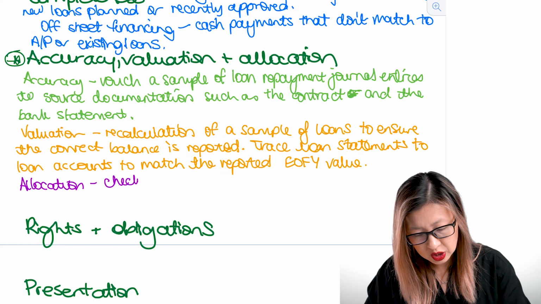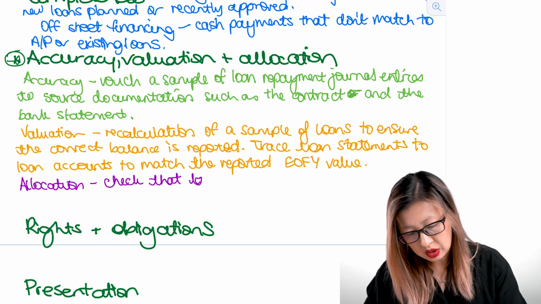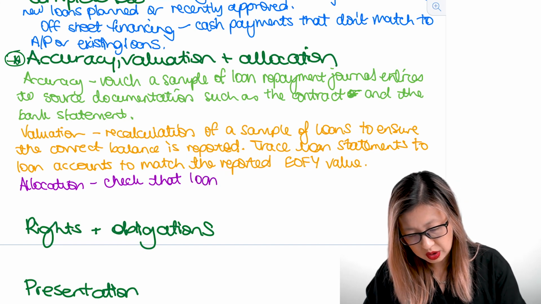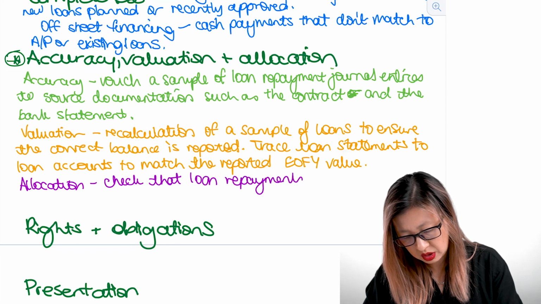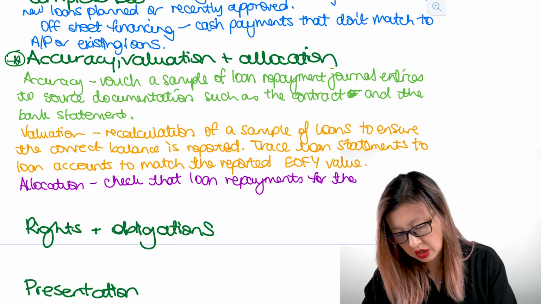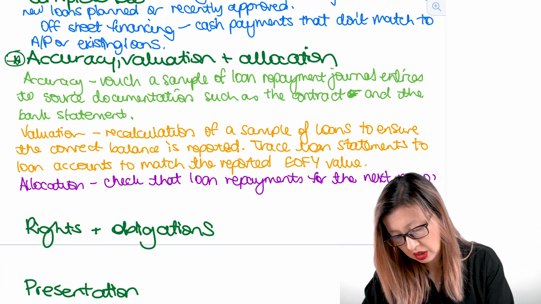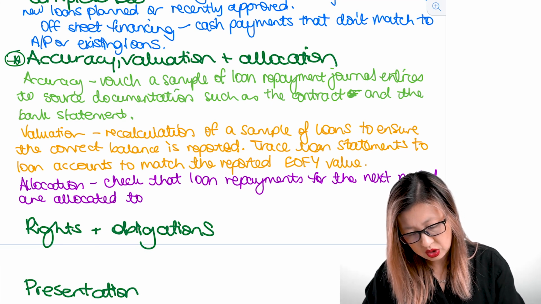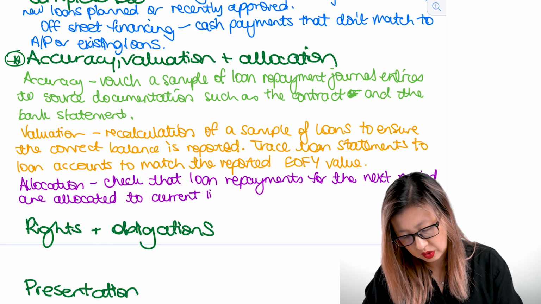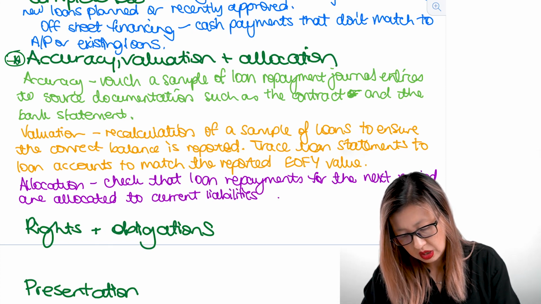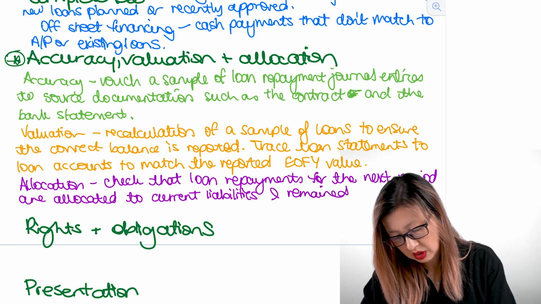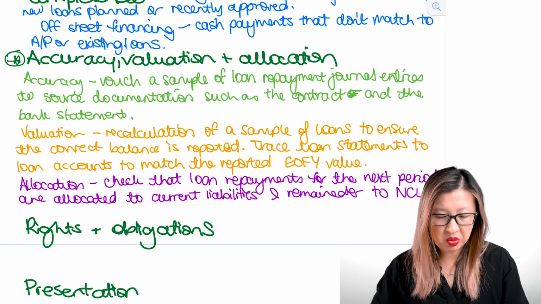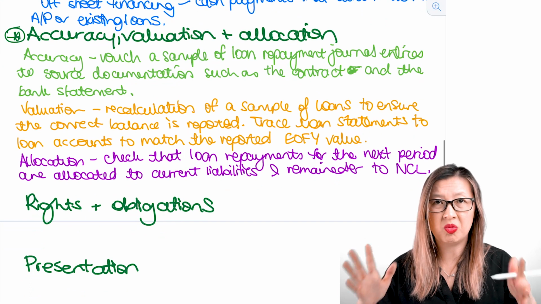So check that loan repayments for the next period are allocated to a current liability, and the remainder to non-current liabilities. That's really important so that it's correct.